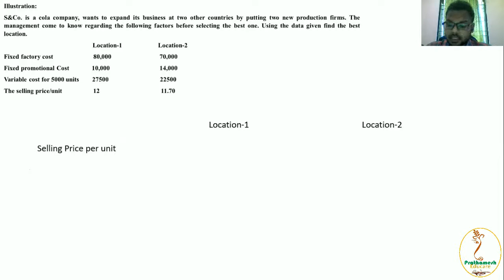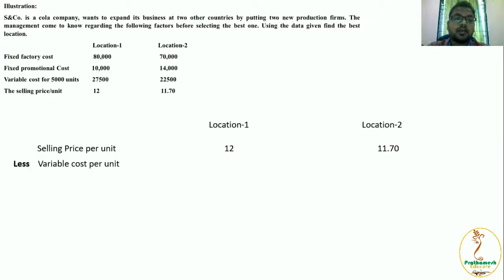Selling price per unit is given. As you know, we have to find the contribution, and contribution is selling price minus variable cost. So selling price for location 1 is rupees 12, and for location 2 it is 11.70. Less the variable cost per unit, which is given for 5,000 units.